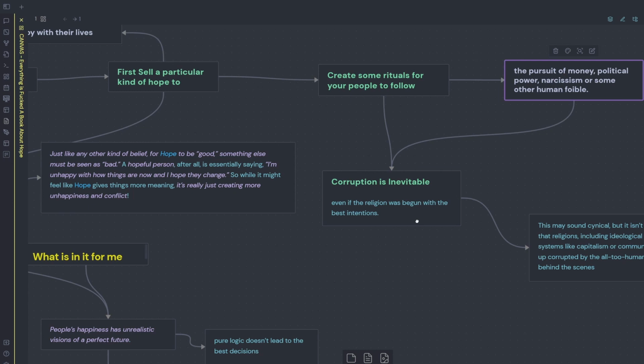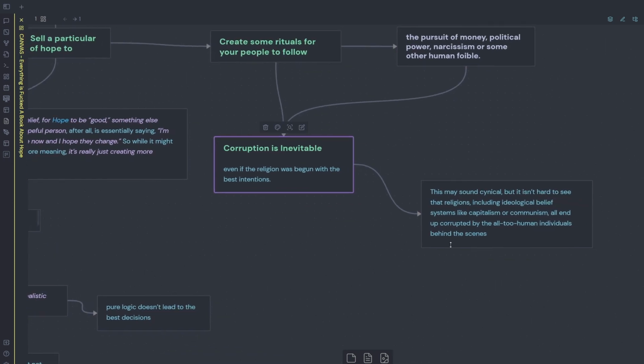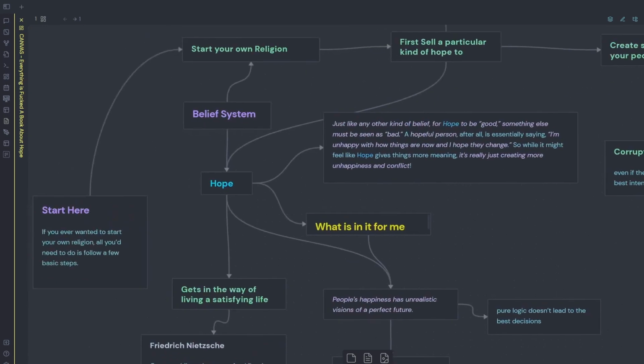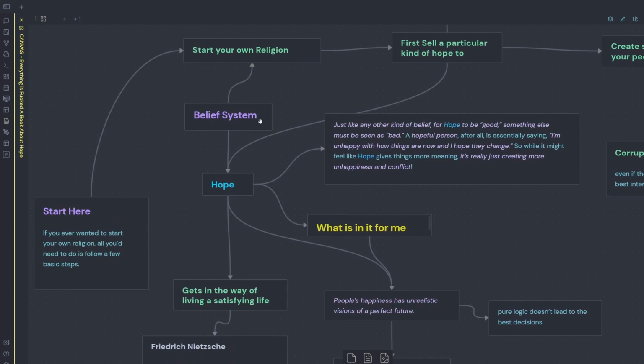Corruption is inevitable, even if the religion was begun with the best intentions. It may sound cynical, but it isn't hard to see that religions, including ideological belief systems like capitalism or communism, all end up corrupted by the all too human individuals behind the scenes.